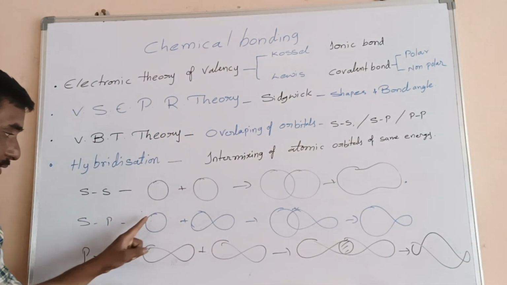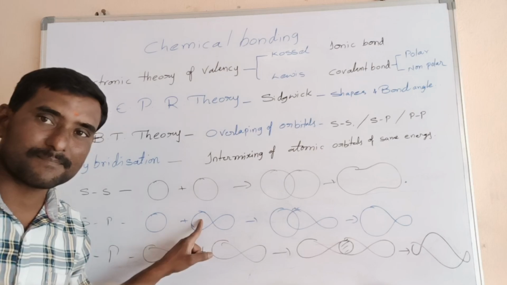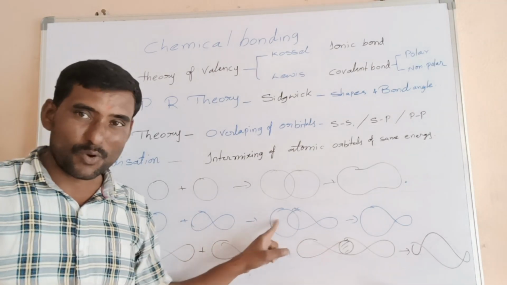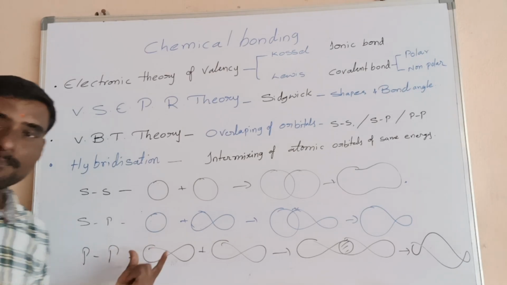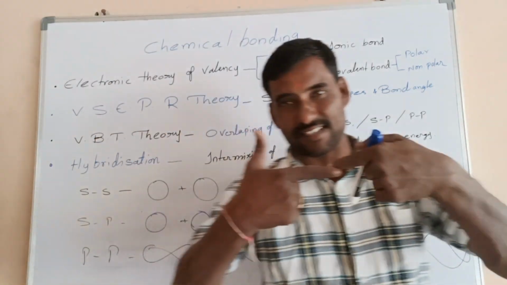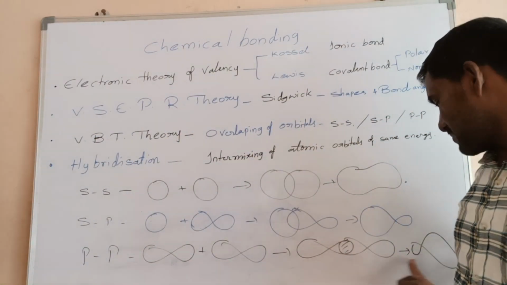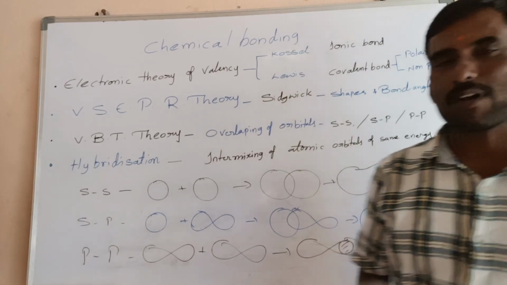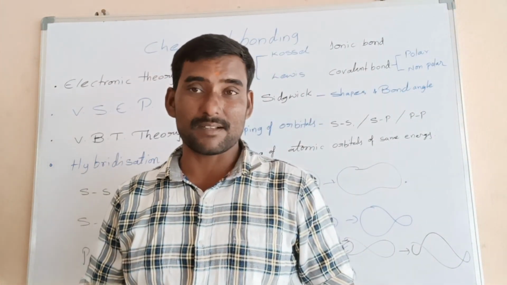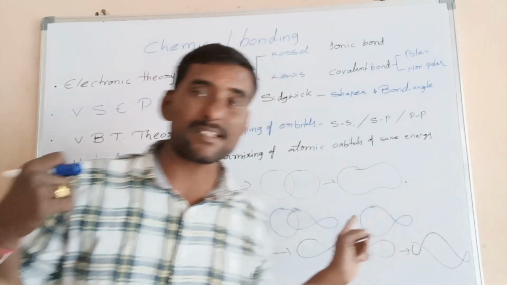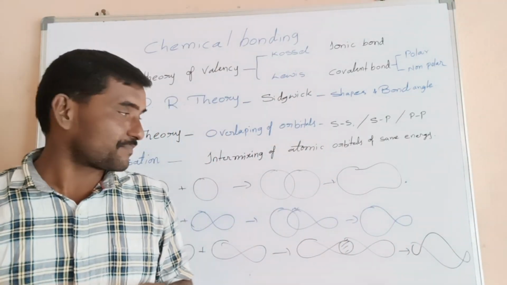In the same way, 1 S orbital and the other a P orbital, when they intermix and overlap, it forms SP overlap. If 2 P orbitals along the Z axis overlap, it forms PP overlap. PP overlap example is Cl2. SP overlap is H and Cl, HCl.